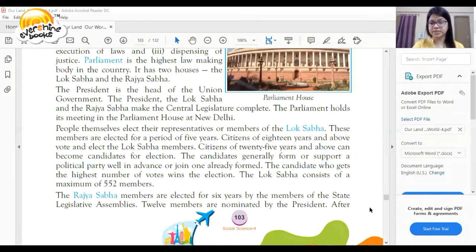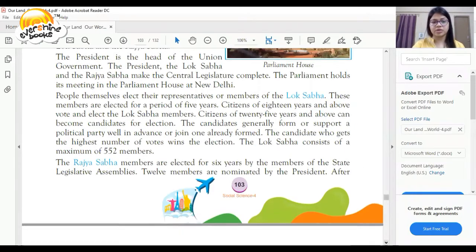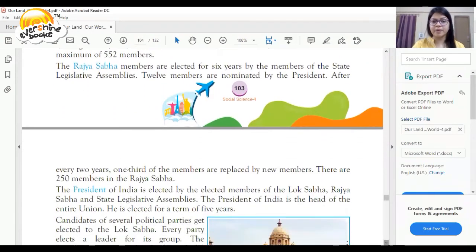So let's discuss the Rajya Sabha. Dear student, the Rajya Sabha members are elected for 6 years by the members of state legislative assemblies. This is very important. The Rajya Sabha members are elected for 6 years. लोक सभा के कितने समय के लिए थे? 5 साल के. लेकिन राज्य सभा के कितने टाइम के लिए चुने जाते हैं? 6 साल के लिए. कैसे चुने जाते हैं?